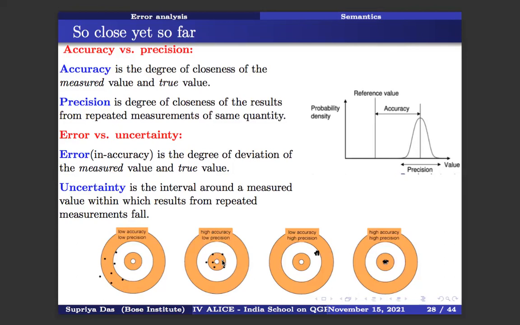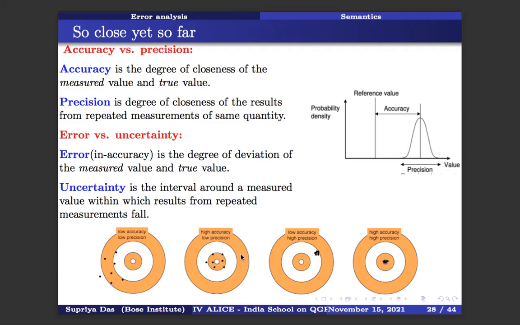In this case, the arrows or bullets are centered around the bullseye. So you can say that this archer or shooter has aimed very accurately. They have landed very accurately, but precision is not much, because you can see there's a clear distance between each pair of black dots.